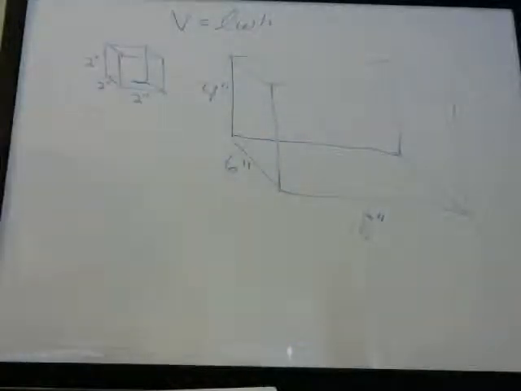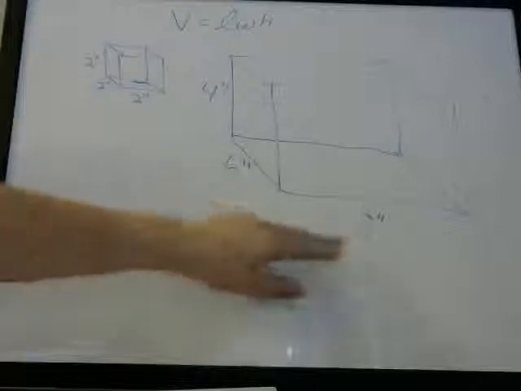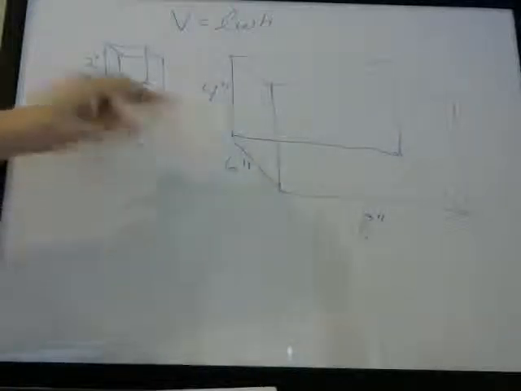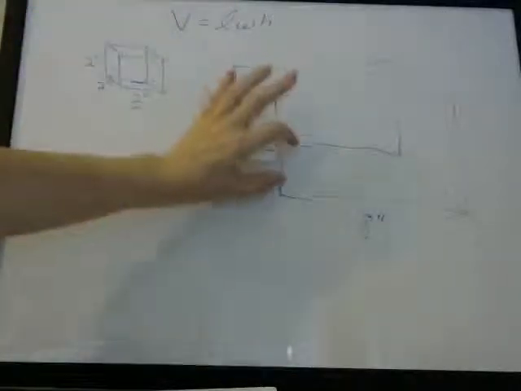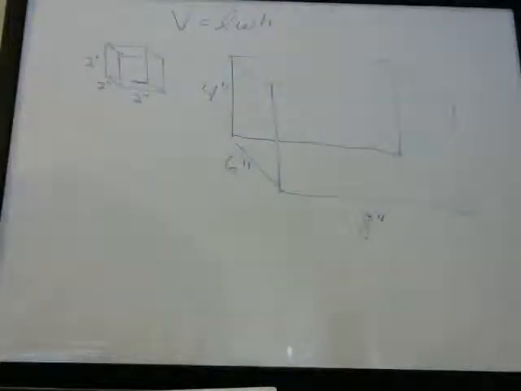So, again, not totally drawn to scale, but this is 8 inches by 6 inches by 4 inches. We're going to take these little blocks and put them in this box. So we're going to fill this box up.